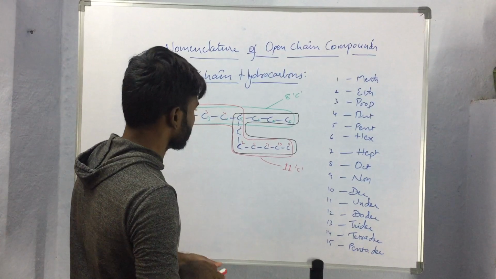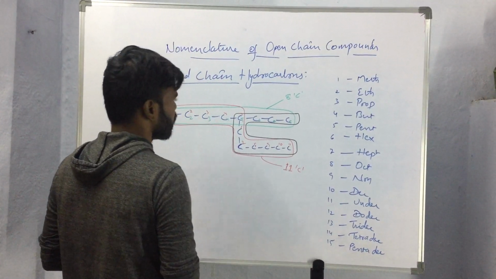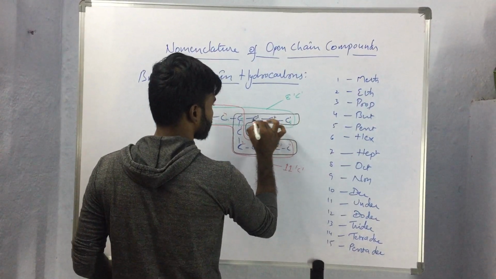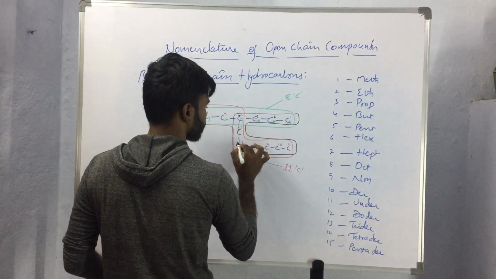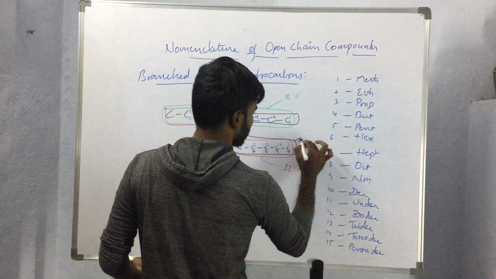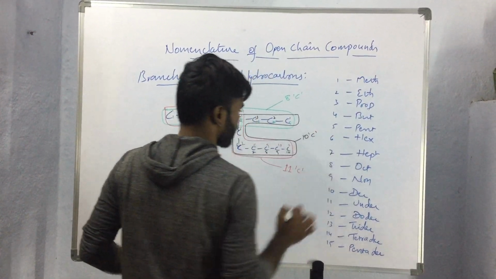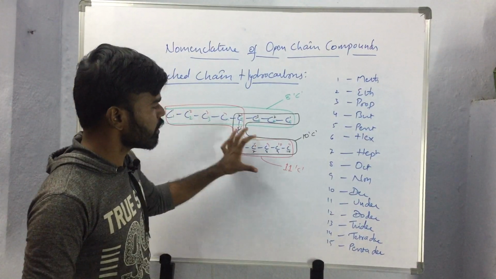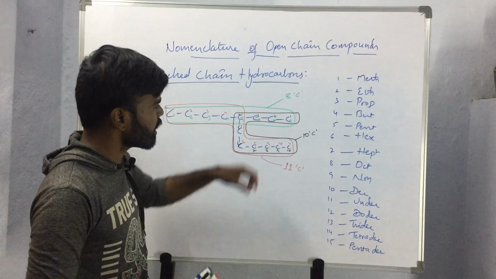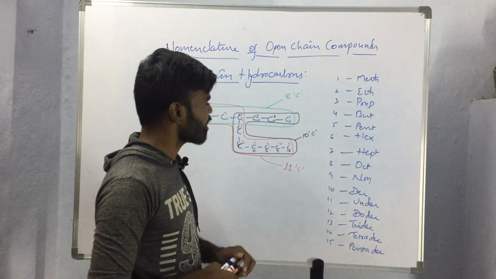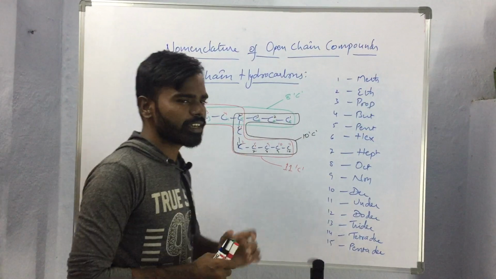Then the chain marked with black ink, 1, 2, 3, 4, 5, 6, 7, 8, 9, 10, so 10 carbon atoms. So here we have 3 possible continuous chains. One chain contains 8 carbon atoms, another chain contains 11 carbon atoms, and the third chain contains 10 carbon atoms.